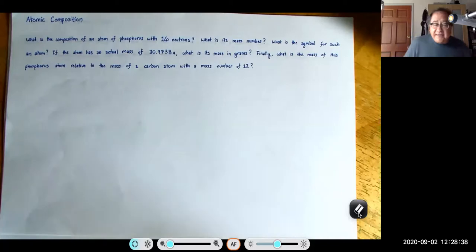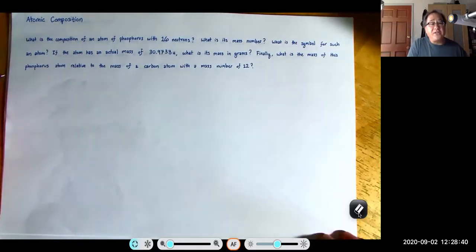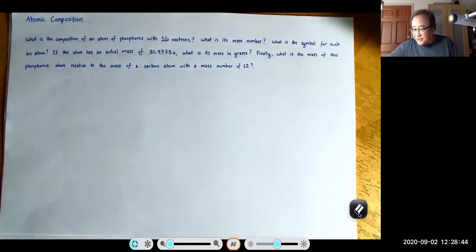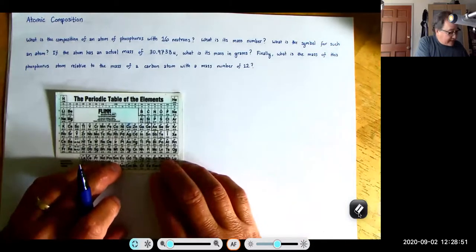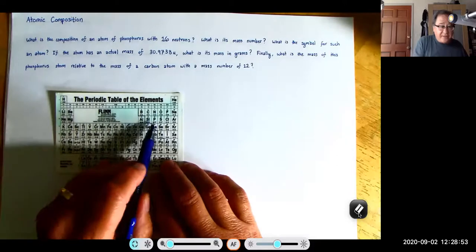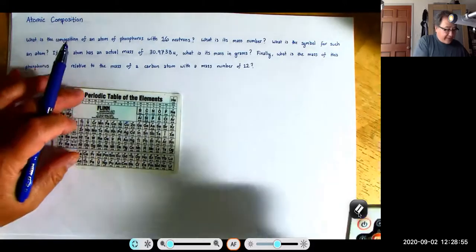So let's deal with these one by one. What is the composition of a phosphorus atom with 16 neutrons? Well, we're going to need our periodic table to do this. So here it is, and here is phosphorus right here. So let's zoom in on that phosphorus.